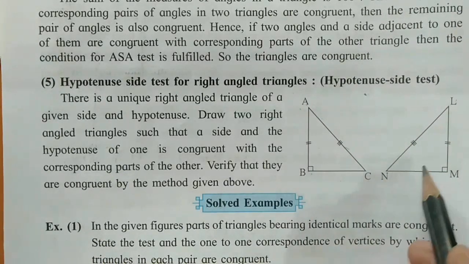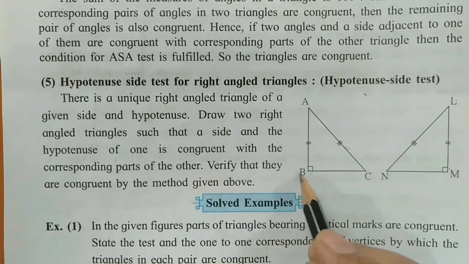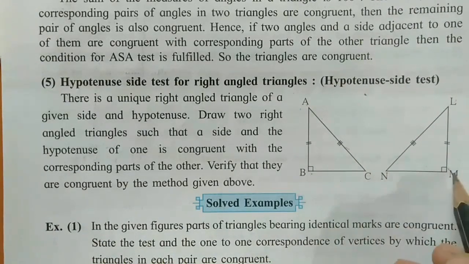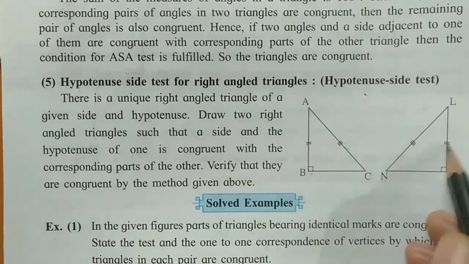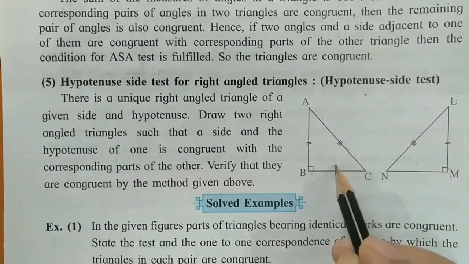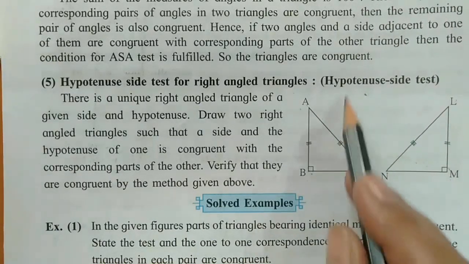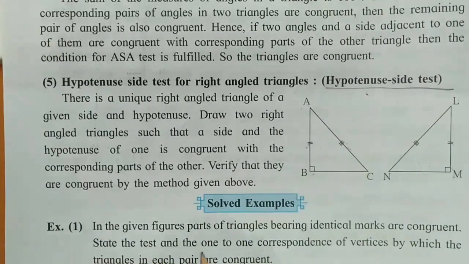And we know that in a right angle triangle one angle is 90 degrees. So angle B is congruent with angle M. So here three components are congruent. So these two triangles are congruent with each other by the hypotenuse side test.